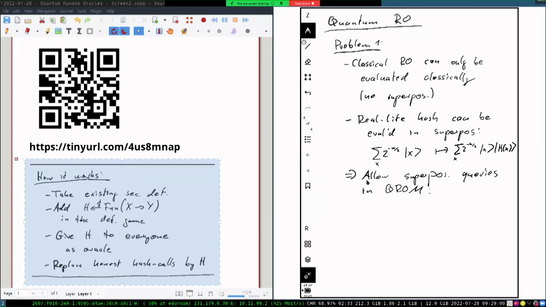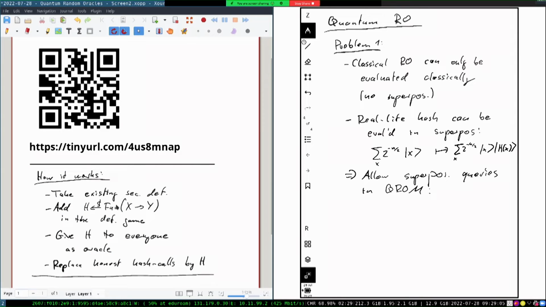So if you look on this side here to the definition we had, we need to change this in two places. So we still pick the function randomly, but we don't give h to everyone as a classical oracle, but instead we give it as a quantum oracle.